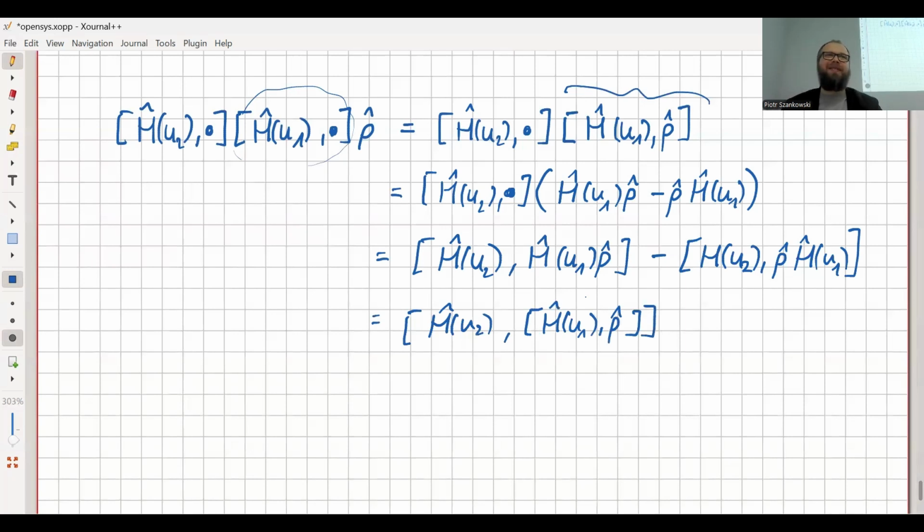All right. And now, where is rho? Rho is sitting here, so I can rewrite it as a superoperator again using bullets. All right.